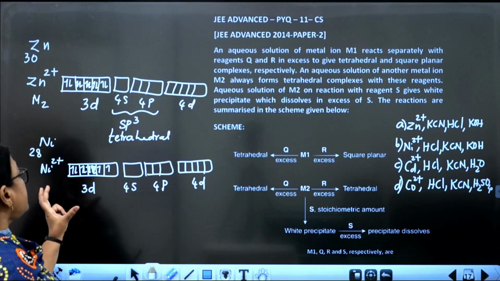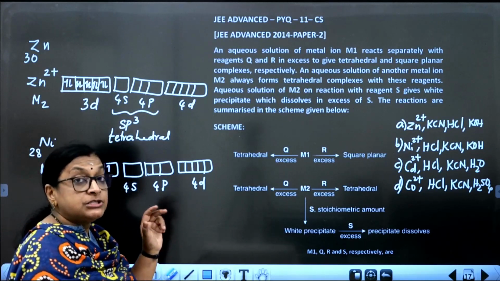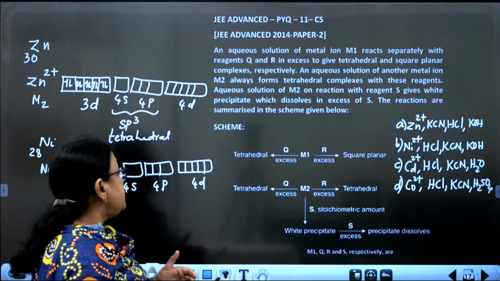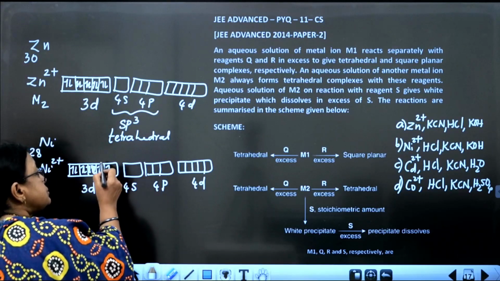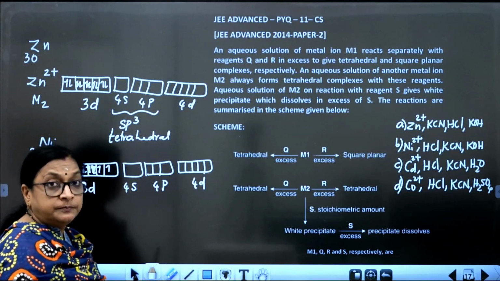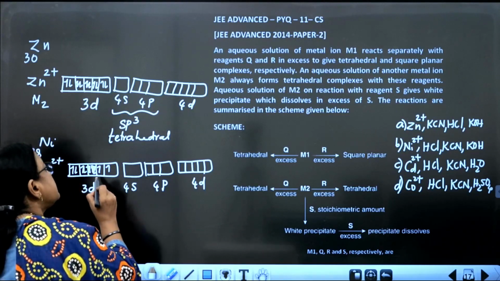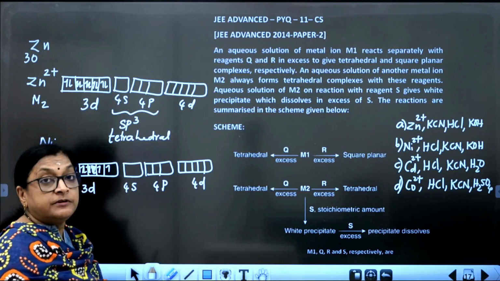Now if nickel 2+ experiences a strong ligand field, it is possible for the electrons to pair up against Hund's rule, and then one d orbital will be left vacant.